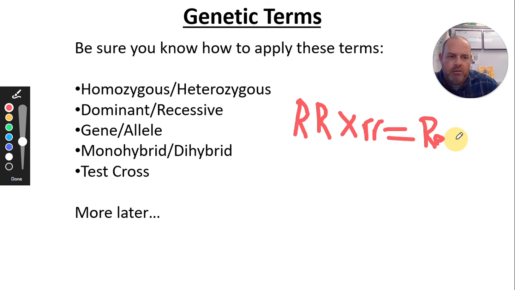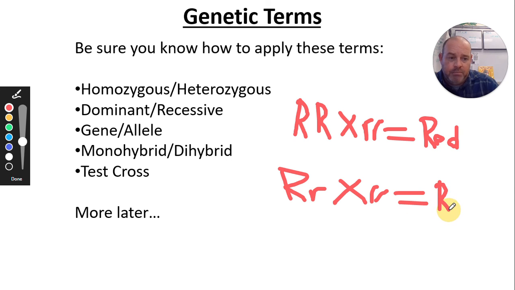If my tomato happens to be that, and I cross it with this, now I'm going to get red about half the time, but then I'm going to get yellow, or the off-color tomato, about half of the time.